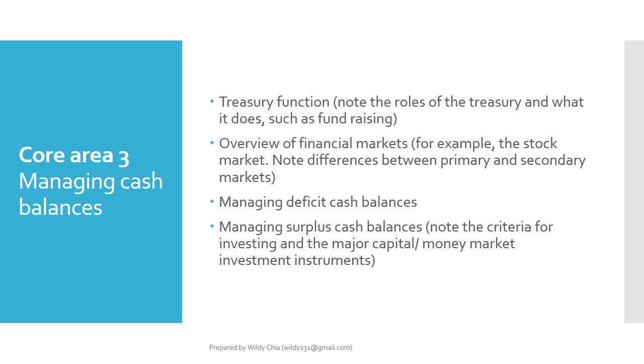Simple. Criteria would be, for example, risk, return, maturity, and liquidity. You should also know the characteristics of the major capital and money market investment instruments. That's obvious. These do get tested from time to time.